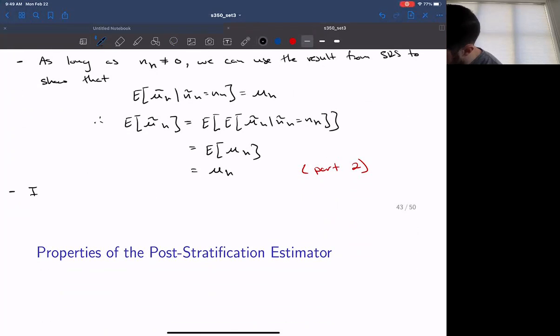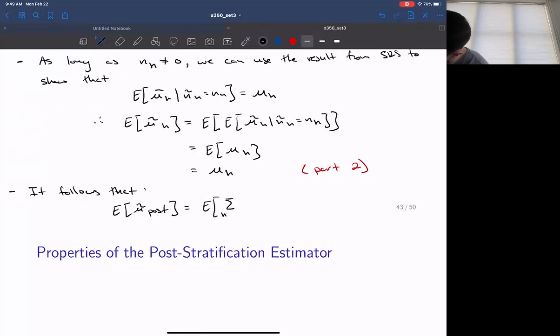Okay, and then we can say it follows that the expected value of mu tilde post is equal to the expected value of the sum from h equals 1 to capital H of WH mu tilde h, which is equal to the sum from little h equals 1 to capital H of WH times the expected value of mu tilde h, right?